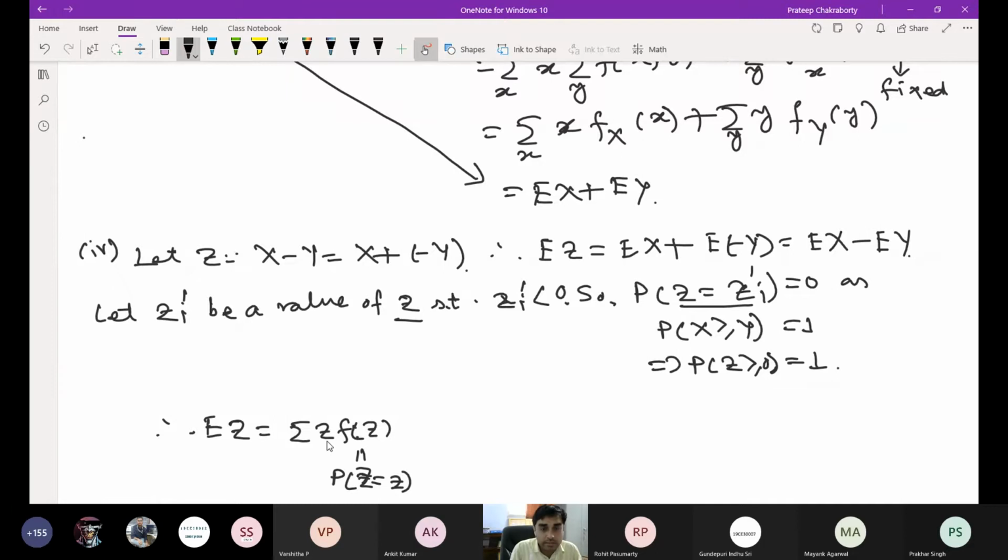So if z is negative, in this case f(z) is 0. So this is always greater than or equal to 0. So this implies Ex minus Ey is equal to Ez, which is greater than or equal to 0. So this implies Ex is greater than or equal to Ey.